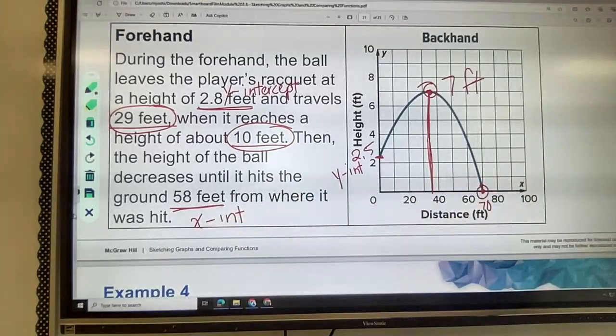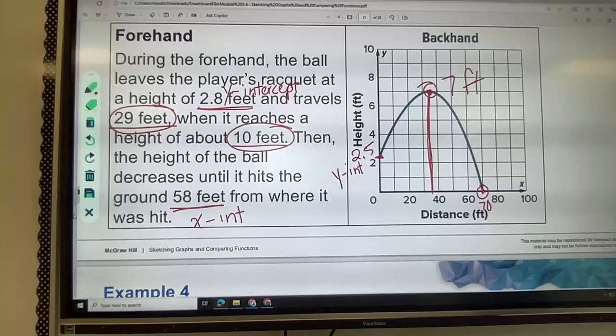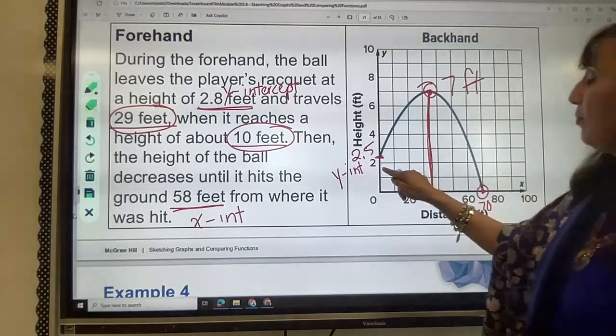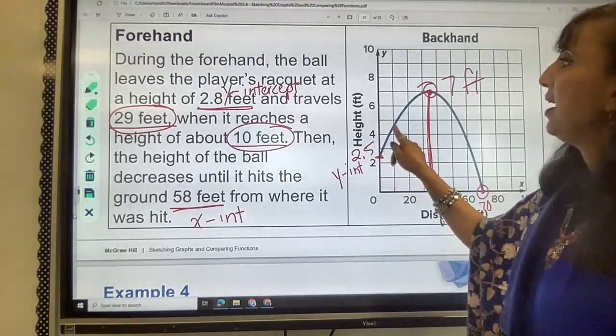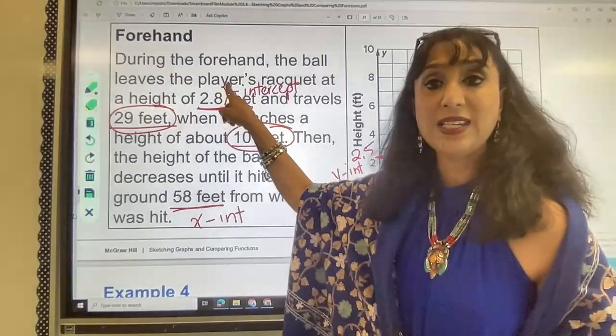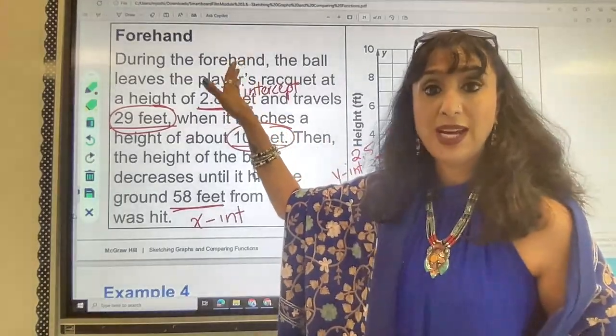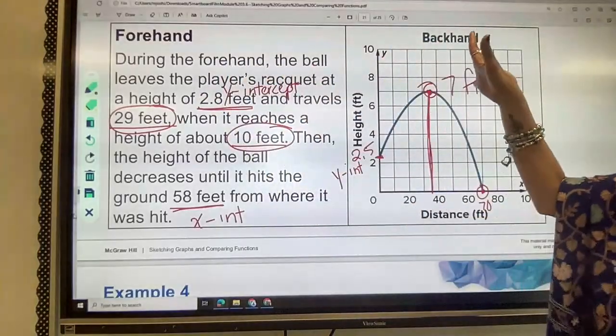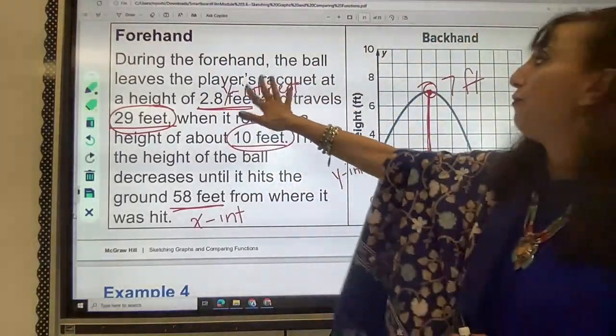And the y-intercepts of the two functions mean that the tennis ball is about 3/10 foot higher at the beginning of the forehand shot, because in this we have 2 5/10 and in this we have 2 8/10.